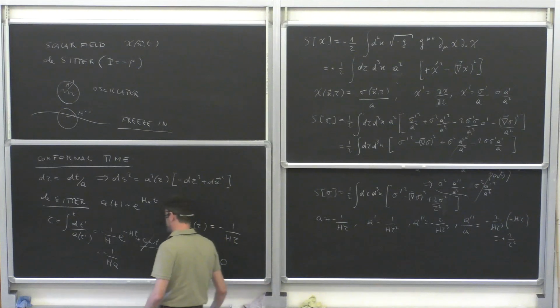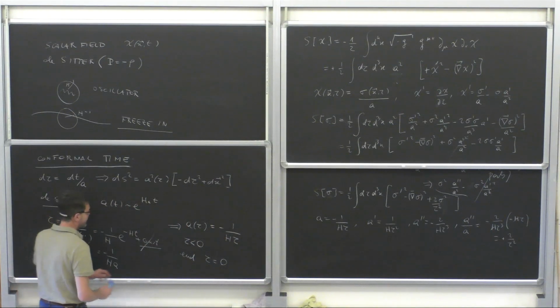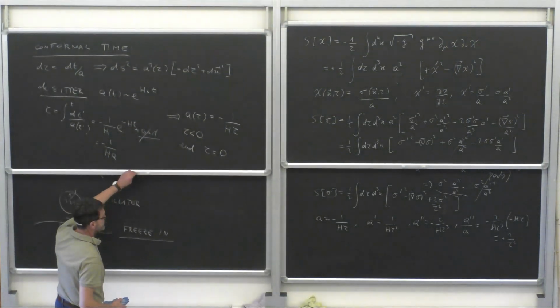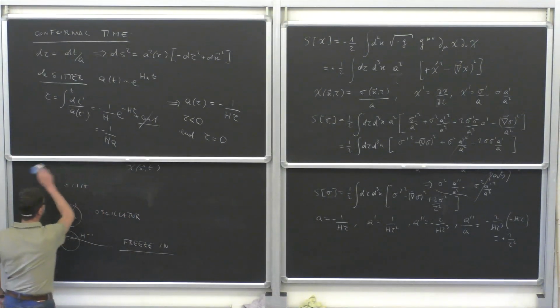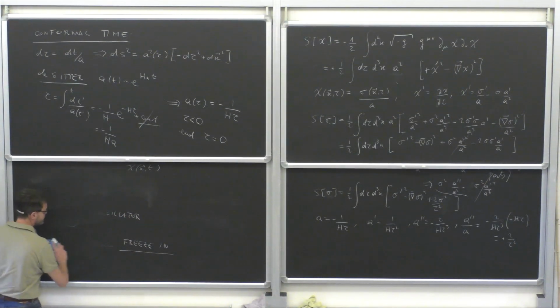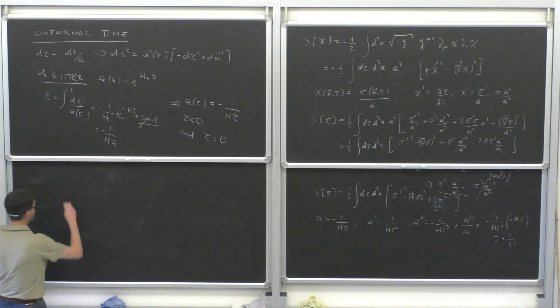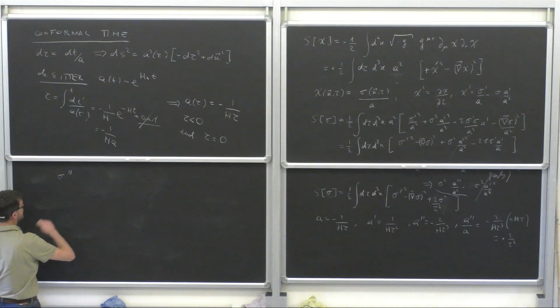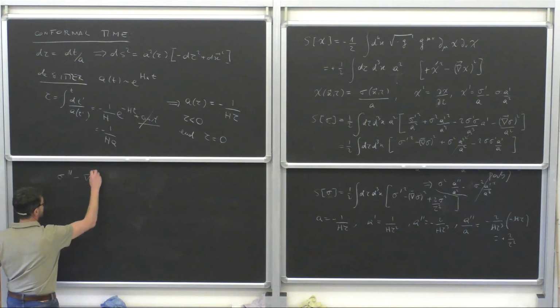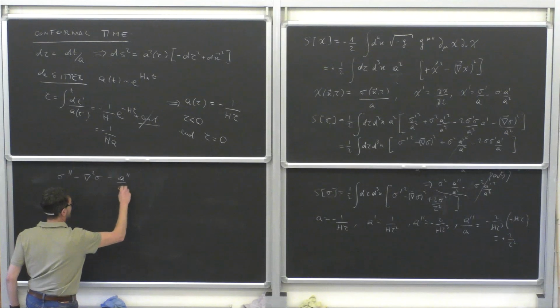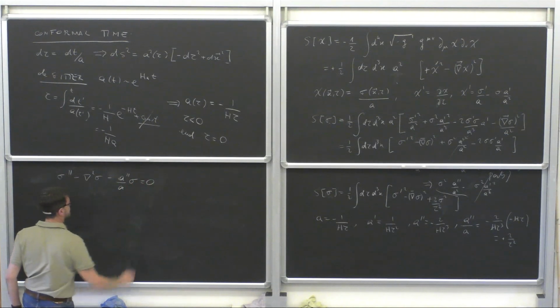So you just simply take the Euler-Lagrange equation of motion, which gives me simply the equation of an oscillator, but this time with a mass which depends upon time. So you get sigma double prime minus the Laplacian of sigma minus a double prime divided by a sigma equal to 0.